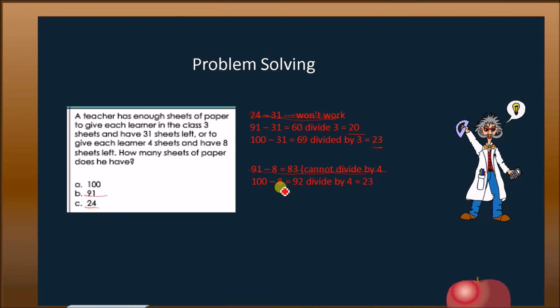If I take the 8 sheets that were left away from 100, she dished out 92. If every learner got 4, 4 goes into 92 23 times, which is the same answer as we got there, which means the 100 satisfies that condition and that condition, so our answer is 100.